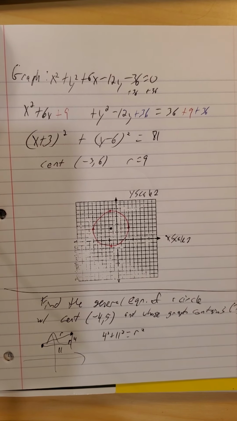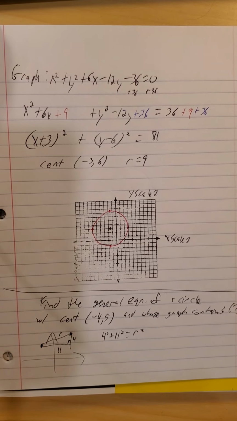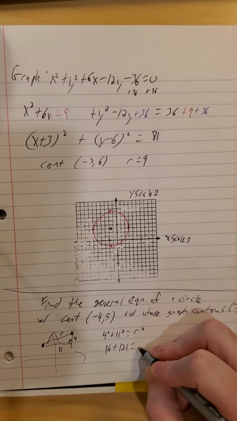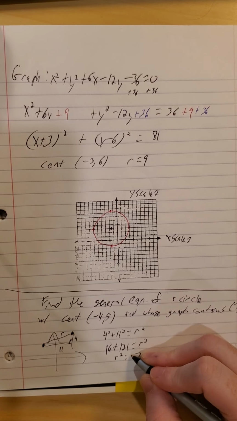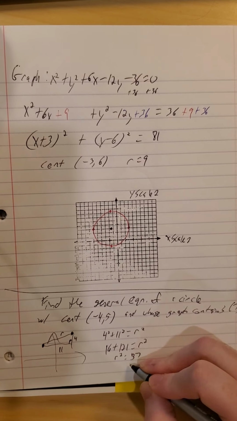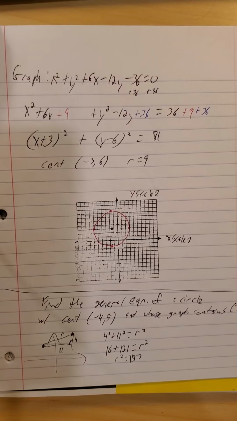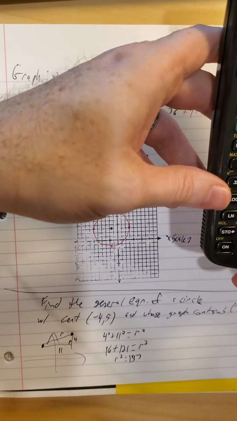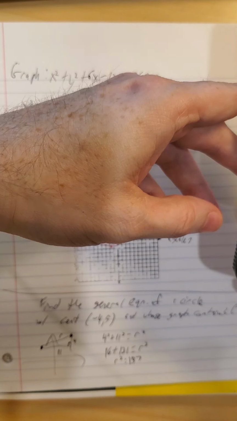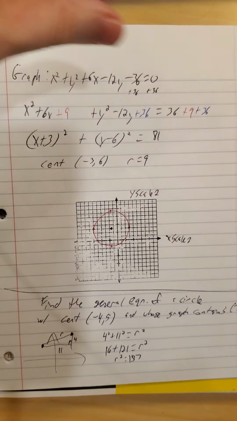So we have 16 plus 121 is r squared. So r squared is 137. So our radius is root 137. That is approximately 11.7.